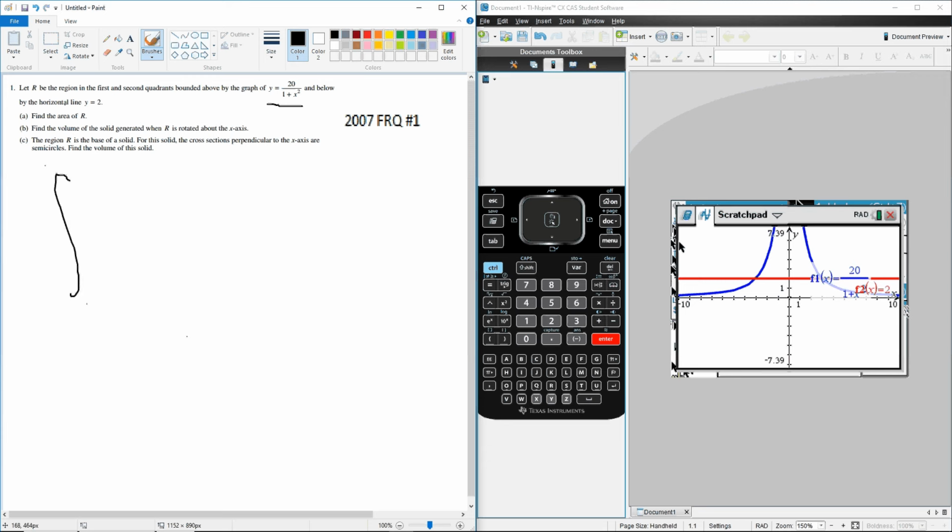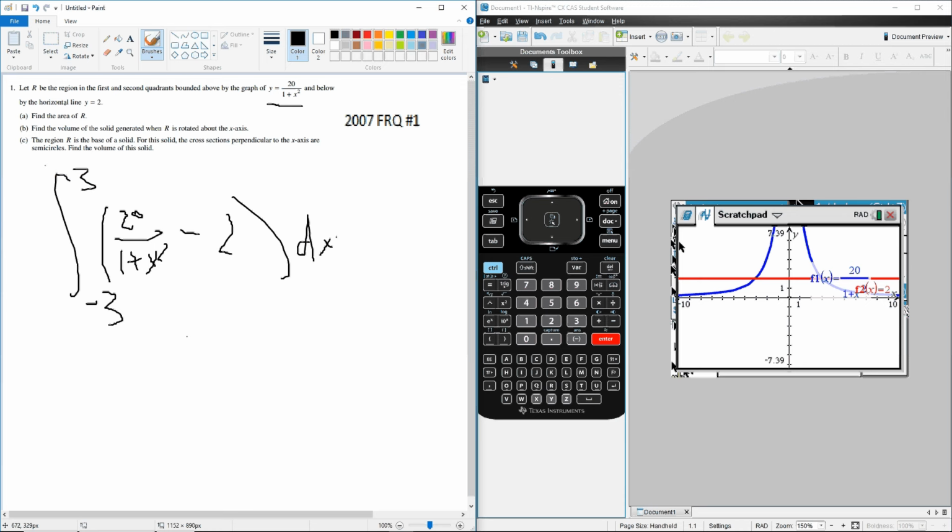So how do we do that? Well, we take our integral of our upper function, and then subtract our lower function, whose area we don't want, and we integrate that with respect to x.